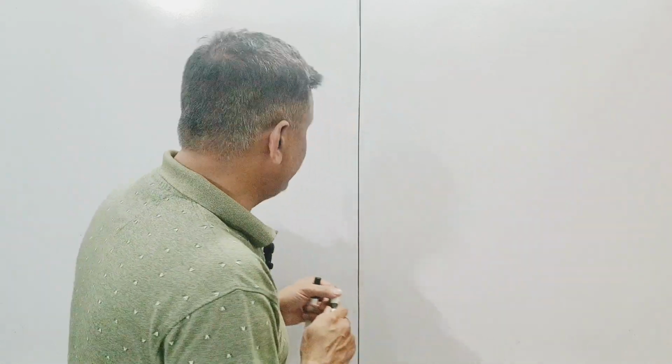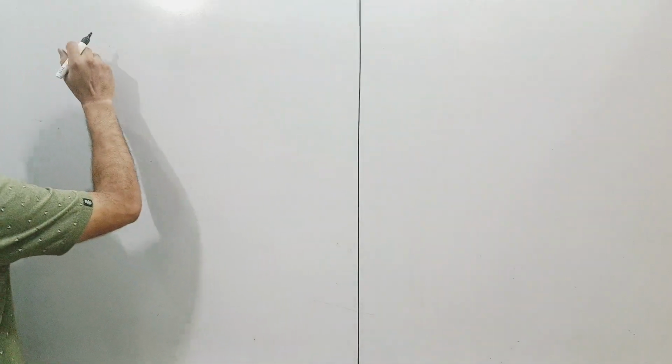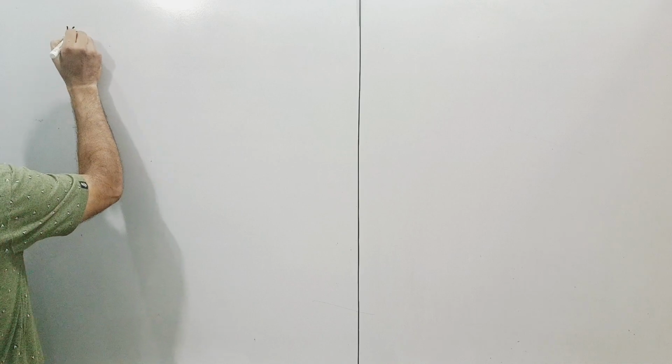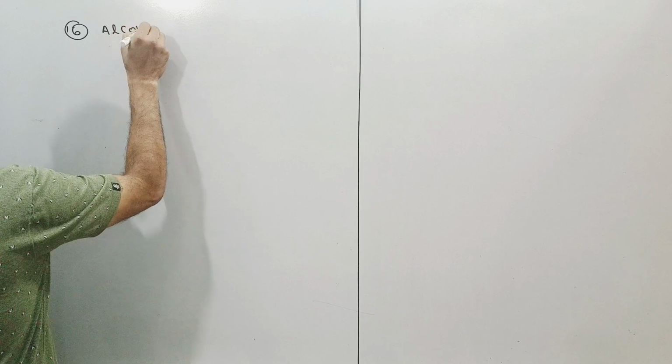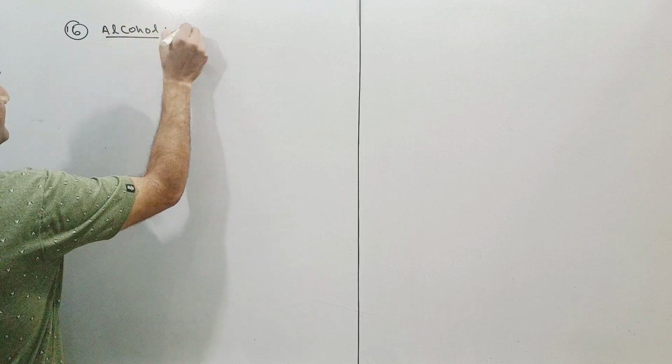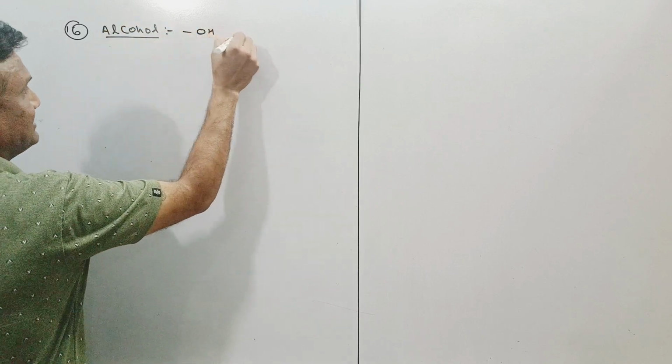In the previous video we discussed the IUPAC nomenclature of isocyanide as the 15th functional group. Now I would like to go with the 16th, which is alcohol. It's a very important group. This is the alcohol, distinguished by its OH group.